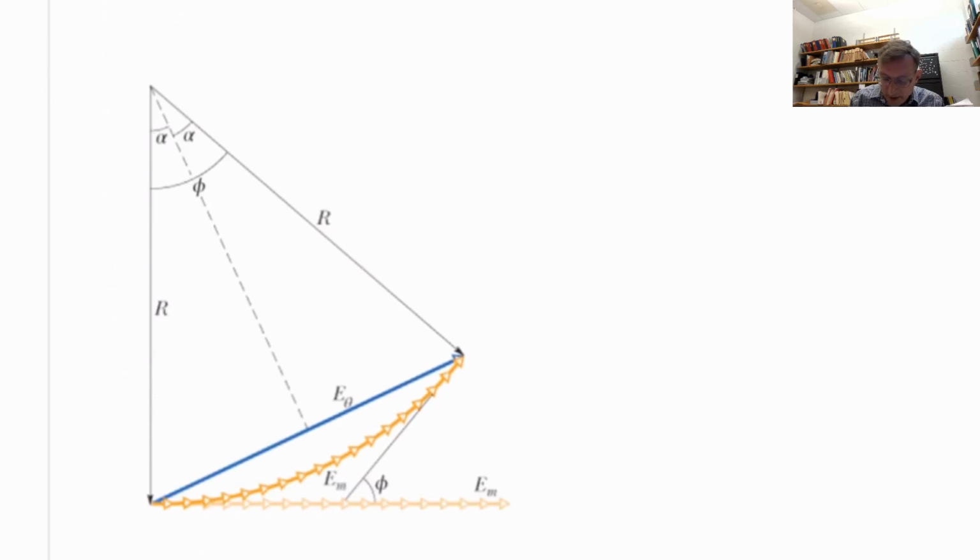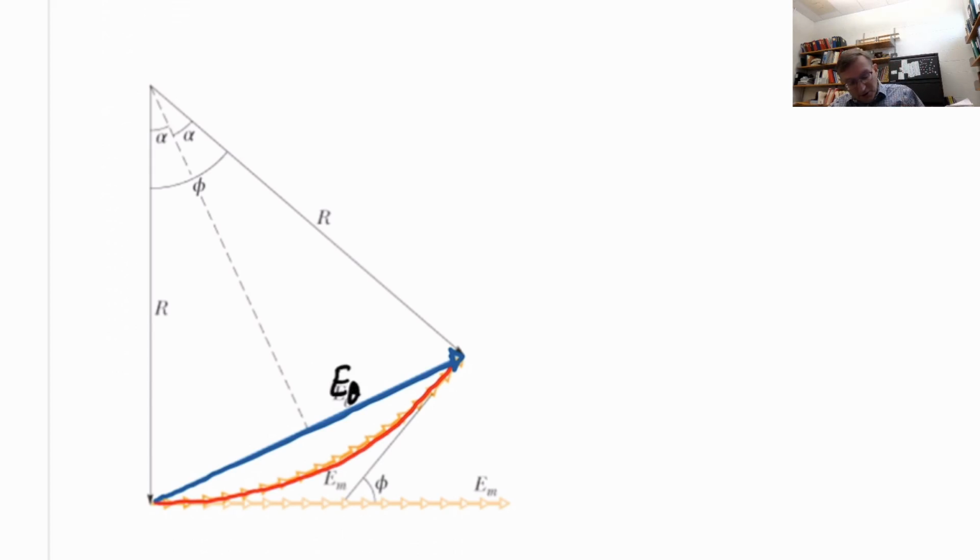All right, now here's a picture showing the phasors in some kind of arbitrary intermediate configuration when successive phasors have a little bit of a phase shift between them, and we get this curved chain of them. All right, and then we take an arrow from the tail of the first to the tip of the last, and that's the resultant. And I want that length, E theta, of that blue arrow.